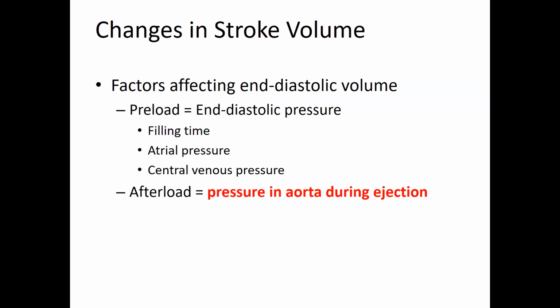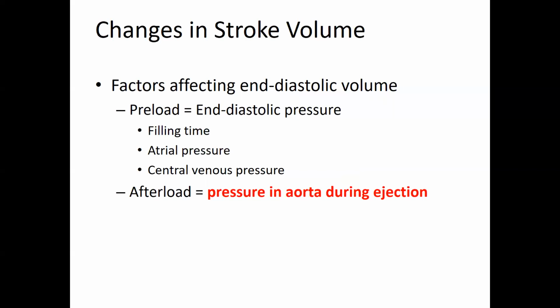And finally, central venous pressure. This is a little bit more complicated than we're going to go into. Central venous pressure is the amount of pressure that's existing in your veins, the veins throughout your body. And this has to do with, again, your body state, if you're obese, if you're not, if you're resting, if you're an athlete, that will determine how much pressure is on your veins to return that blood to the right atrium.